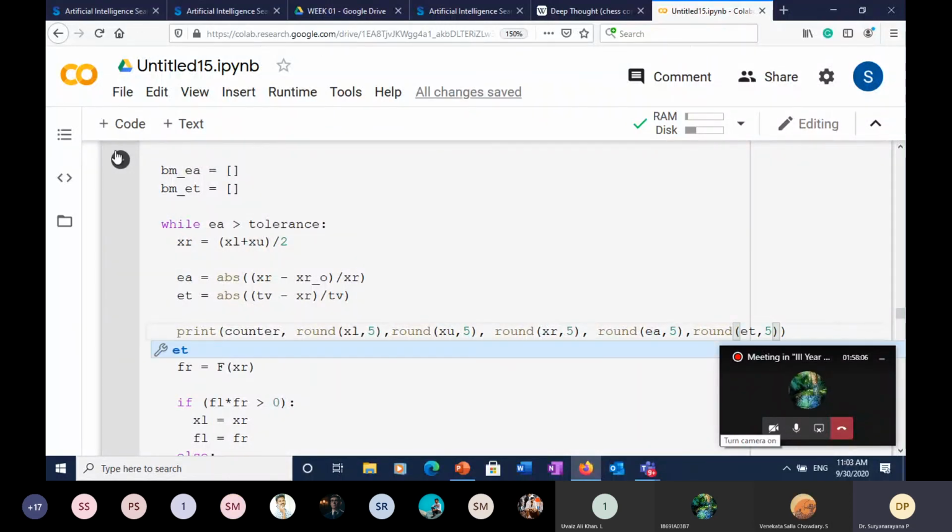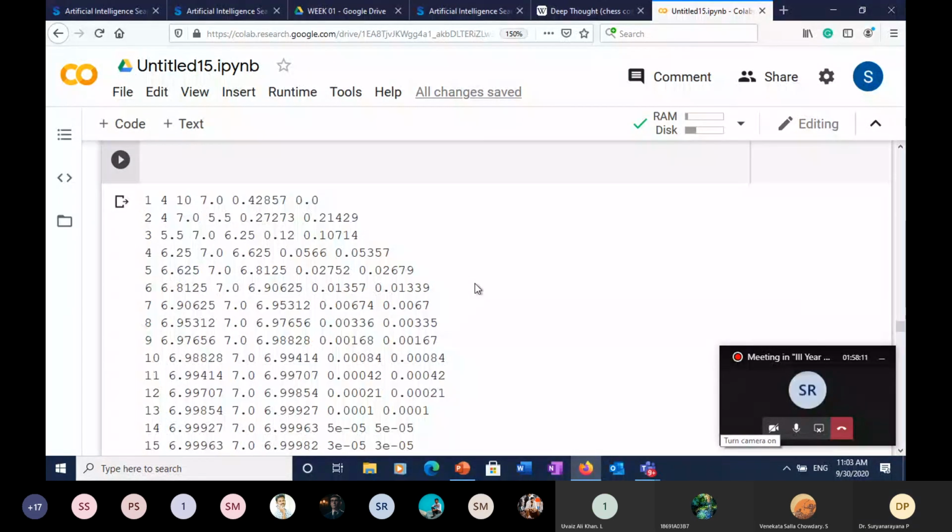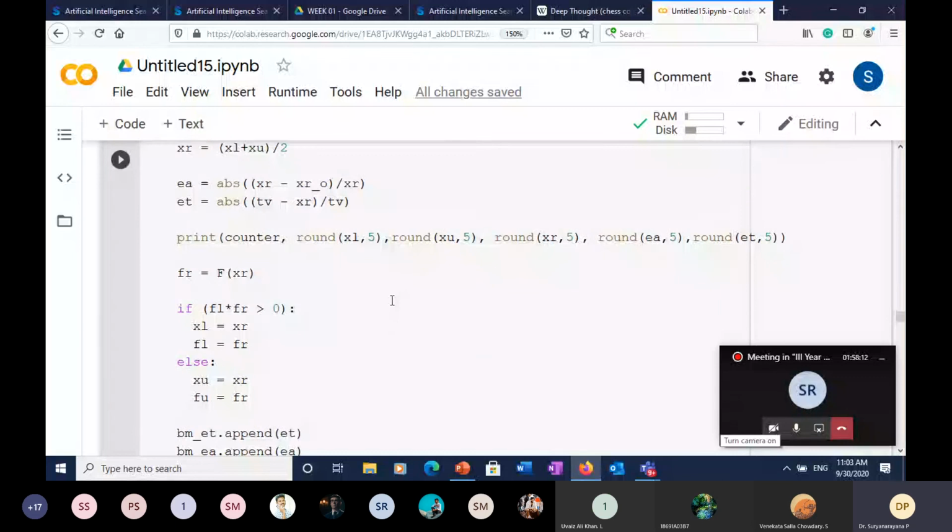I wanted to print ET also and see why it is 0 in the first iteration. Why would it be 0?